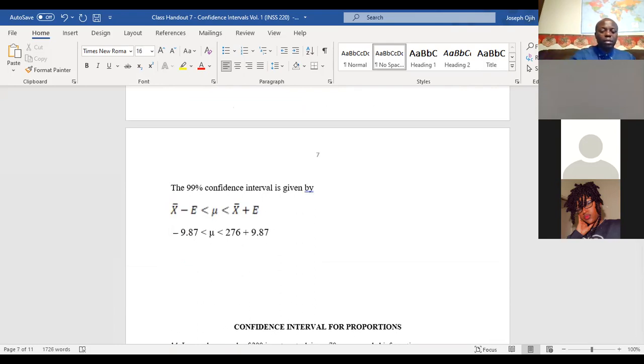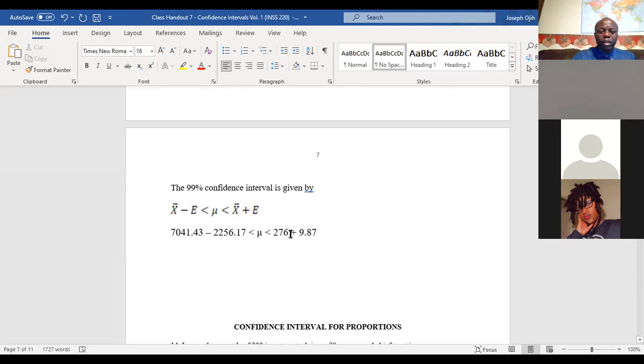7041.43 minus error margin. Error margin is 2256.17.